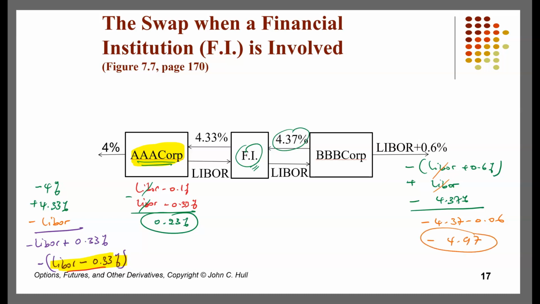That's going to be what triple B is paying in the fixed rate market. Now, what's triple B quoted in the fixed rate? Triple B was quoted, I think it was 5.2. So they were quoted 5.2, but they get to pay 4.97. And again here, what do we save? Quoted 5.2, pay 4.97, we save 0.23%.